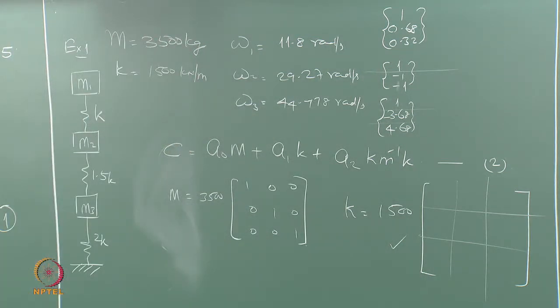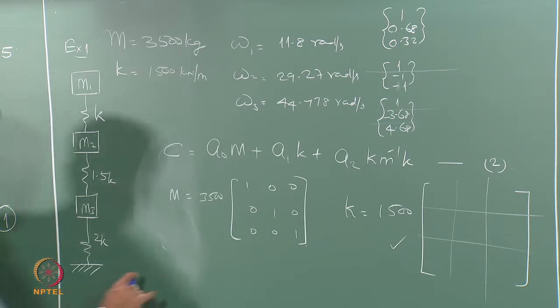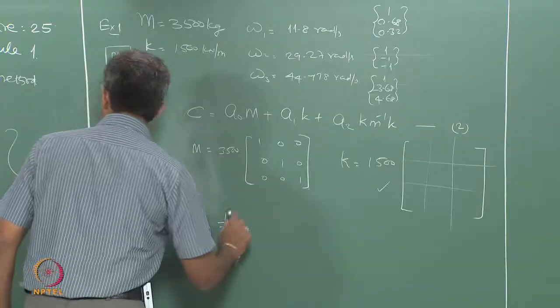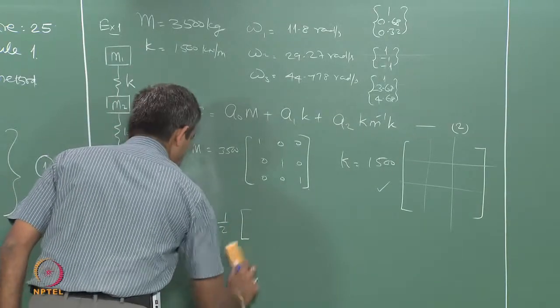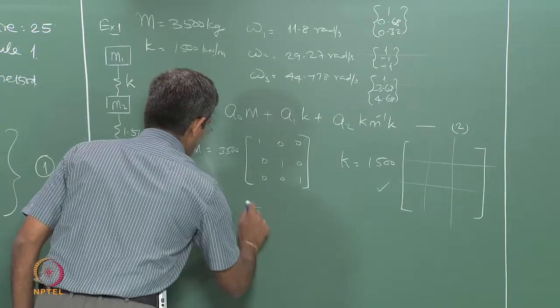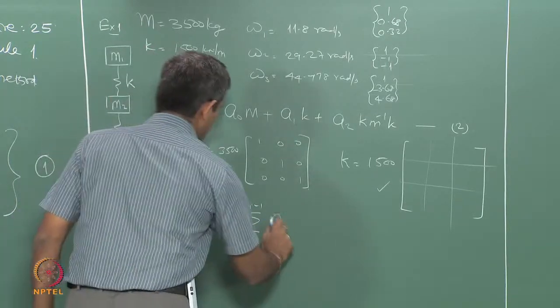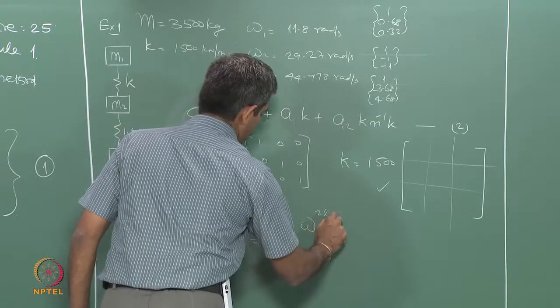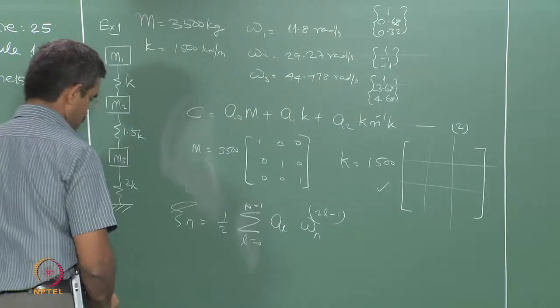So, substituting back in zeta n, let us say half, sum over L equals 0 to n minus 1 of A_L omega n to the power 2L minus 1.